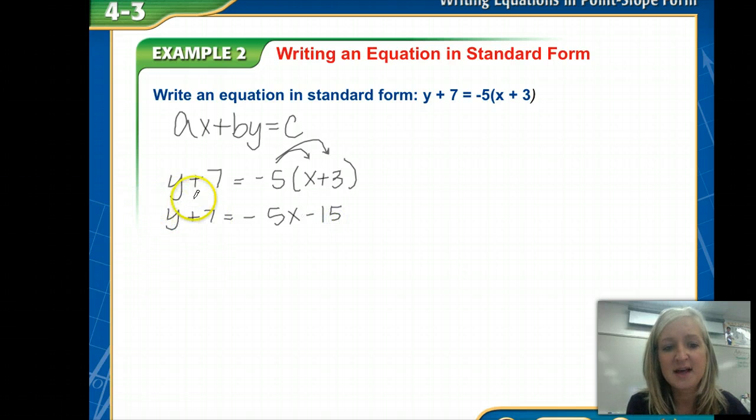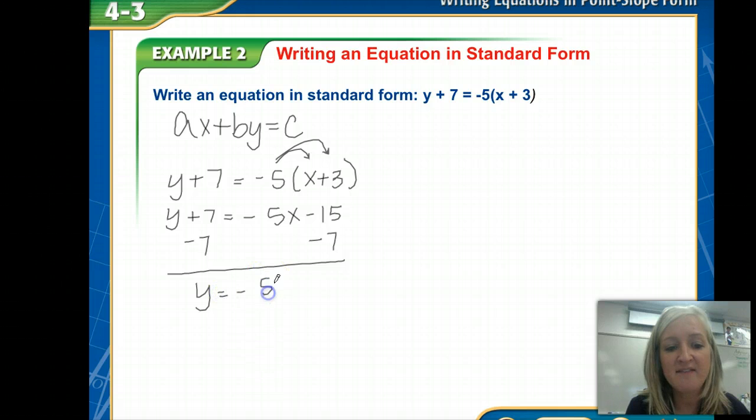And I need x, then y equals a number. So the first thing I'm going to do is subtract the 7 from both sides. I get y equals -5x minus 22. And then I need to move my x over to the left side, so I'm going to add 5x to both sides.